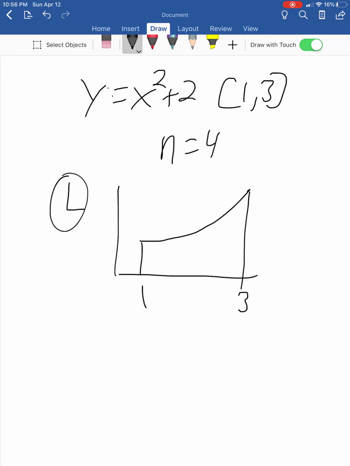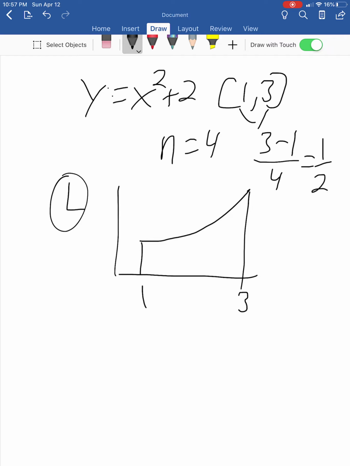So what's going to be the length of each rectangle? And the way we do that is we take our interval, 3 minus 1 divided by 4. So there's your formula to find the length or width of each rectangle.